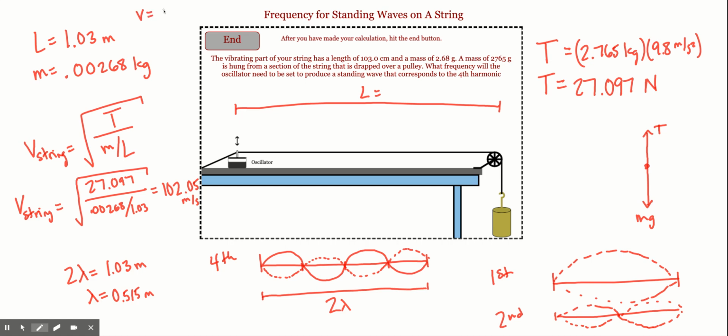So let's go ahead and figure out the frequency for the velocity of a wave on a string. For a standing wave, 102.05 has to equal wavelength times frequency. So I know the wavelength is 0.515, so the frequency is going to be 102.05 meters per second divided by the wavelength, which is 0.515 meters.